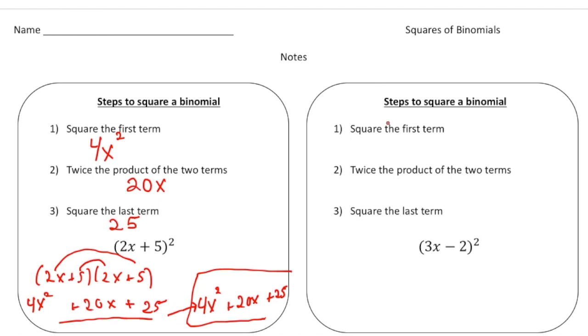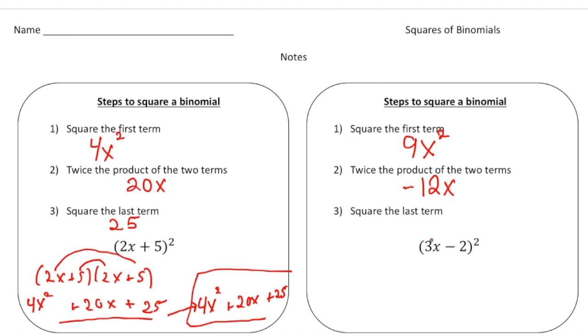All right, let's try this one. Step 1, it says square the first term. So 3x squared is going to be 9x squared. Twice the product of the two terms. So 3x times negative 2 is going to be negative 6x, and negative 6x times 2 is going to be negative 12x.